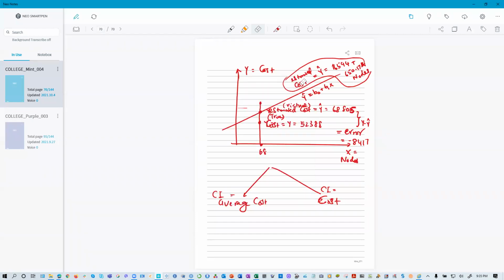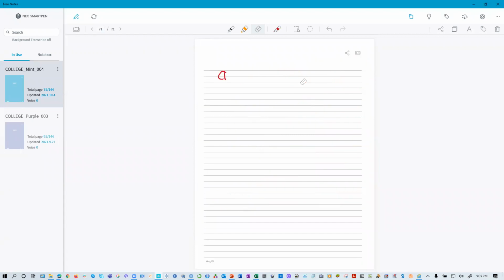This one, chapter 4. Multiple linear regression.